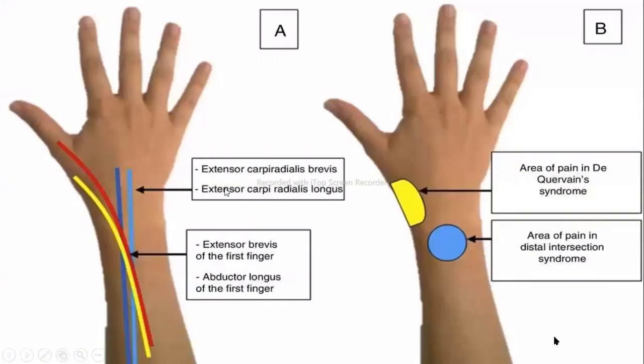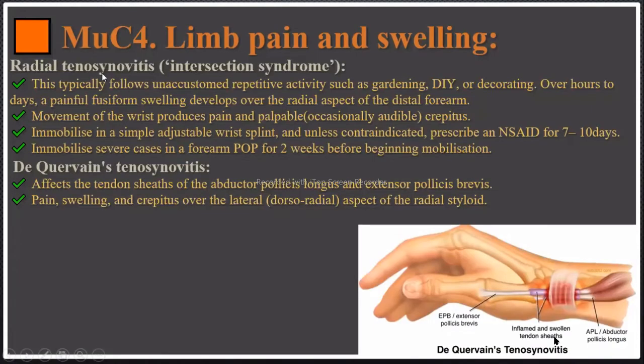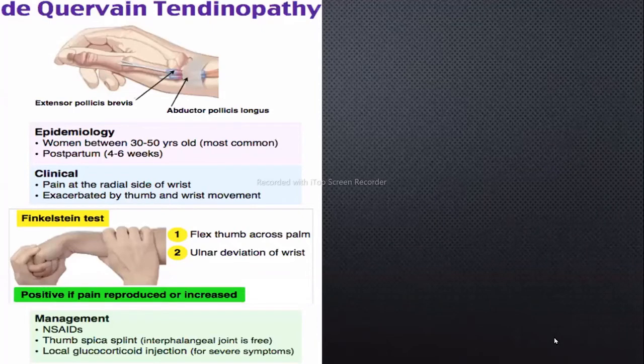So whatever this one or Osgood-Schlatter disease, all these injuries are non-traumatic and because of repetitive injury. So again, non-steroidal anti-inflammatory drugs, thumb spica splints, and local glucocorticoid injection in severe cases.